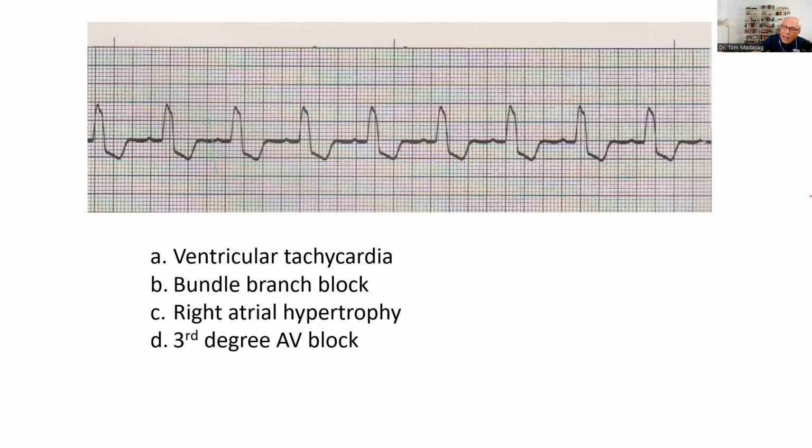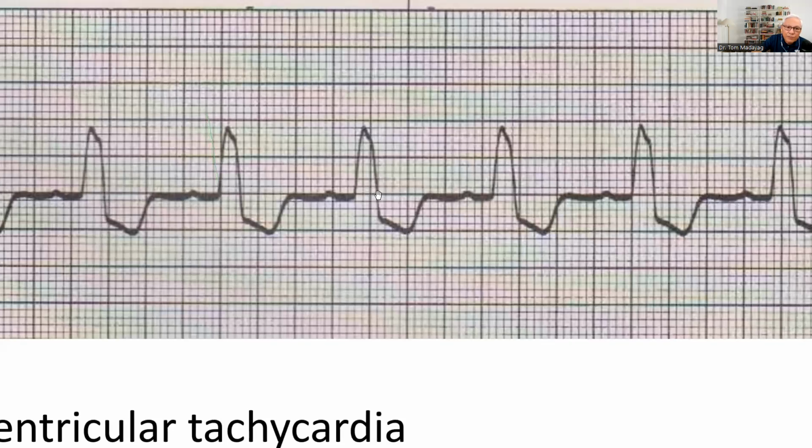So let's examine this QRS complex to see how wide it is. As you could see, it is 1 box, 2 boxes, and 3 boxes. Three boxes is 0.12 seconds, and therefore this is going to be an abnormality.